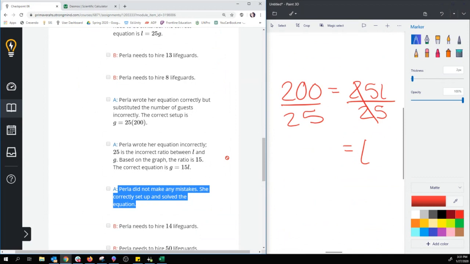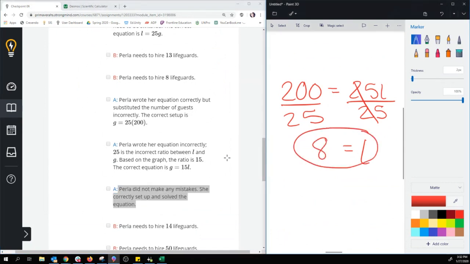Two hundred divided by 25 gives us which final answer? 8.